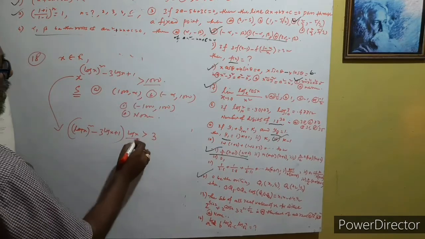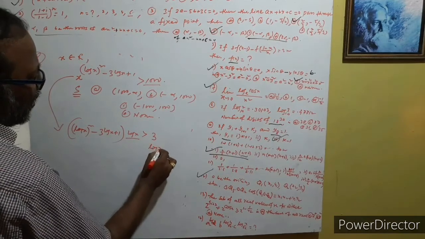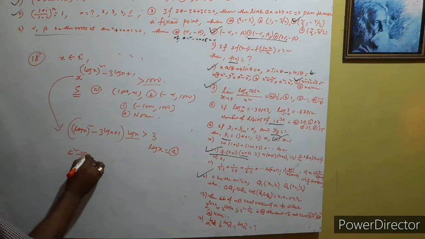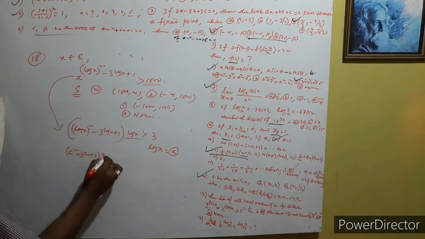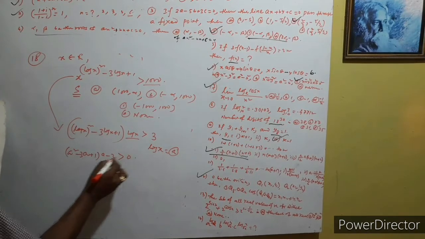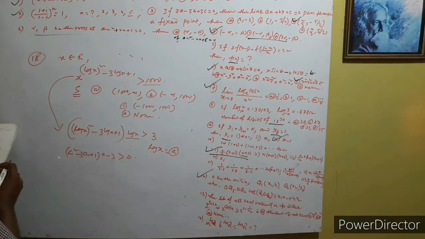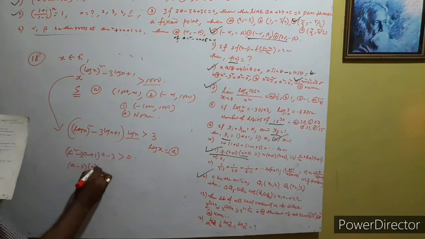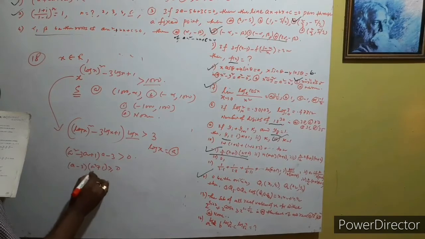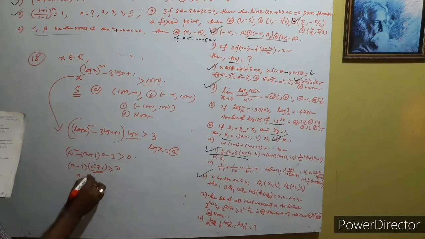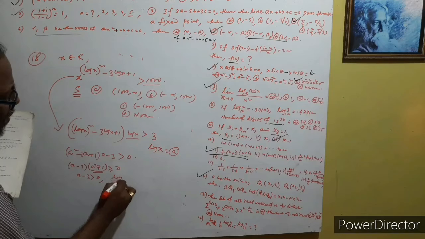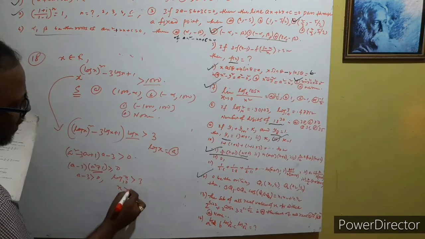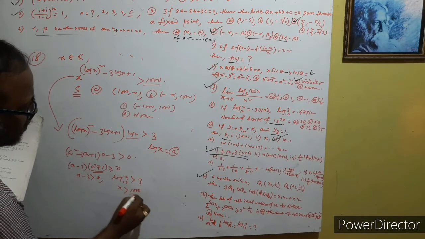Let us assume log x as a. So a square minus 3a plus 1 into a minus 3 is greater than 0. If we multiply and simplify, we get a minus 3 times a square plus 1 is more than 0. You know a square plus 1 is more than 0, so a minus 3 is more than 0. a means log x to the base 10 is more than 3, so x is greater than 10 cube, which means 1000.